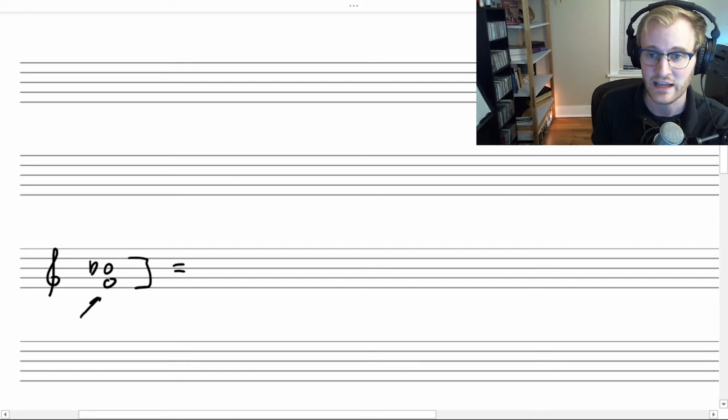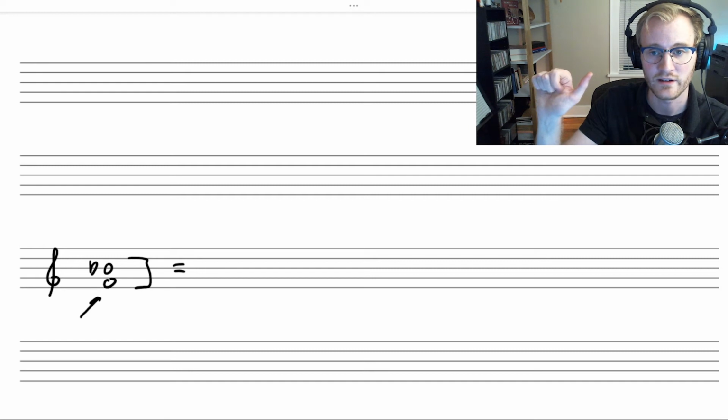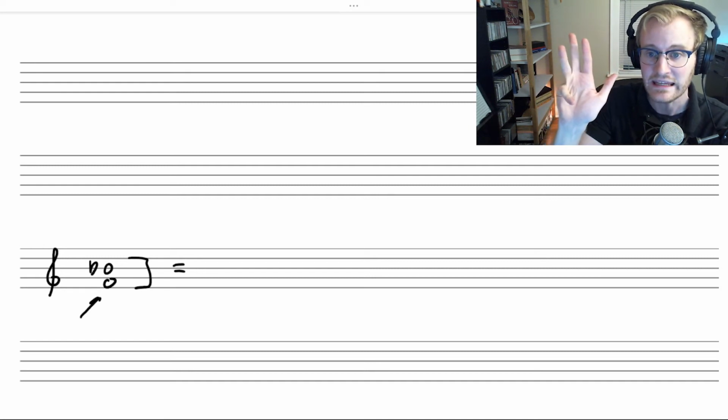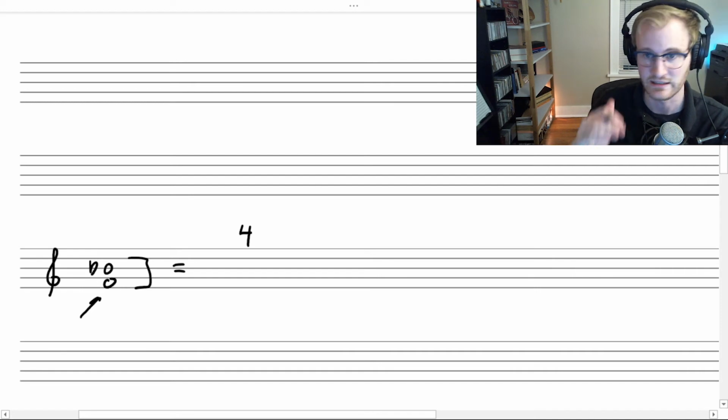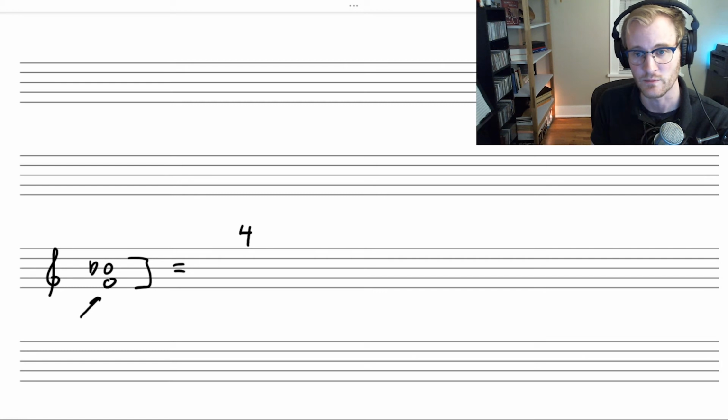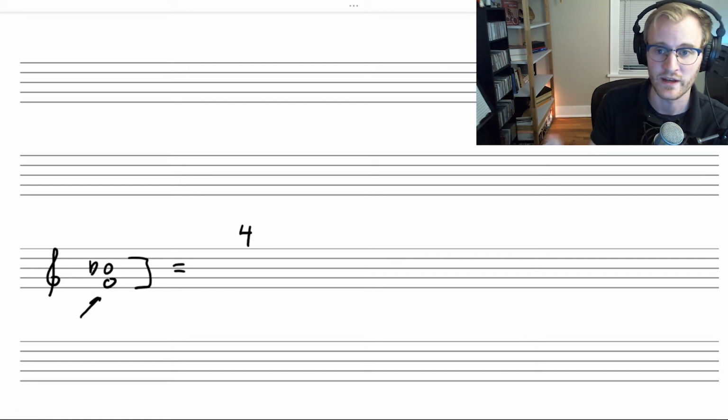I can just assume that F is my temporary tonic. I can think of it as scale degree 1, and I can count F, G, A, and B, and I know that at some level this is going to be a 4 because the letter spacing dictates that it's a 4th. So then the question becomes, well, is this a perfect 4th? Is this augmented or diminished? Well, you can imagine, because today we're not talking about 2 of those, that this is in fact a perfect interval, which is true.